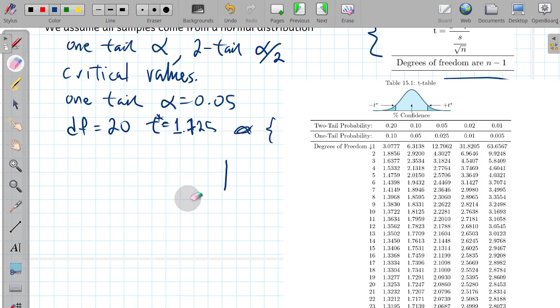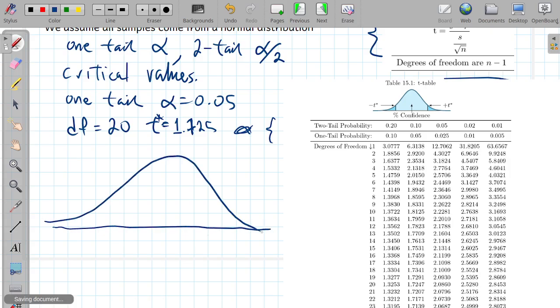All right, let's see if we can get through here before the computer says I've had enough of you. Let's make a nice little bell curve. When we were talking about p-values, the rejection region is always out here in the tail.